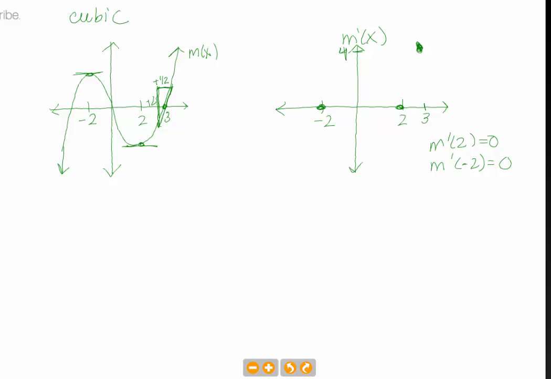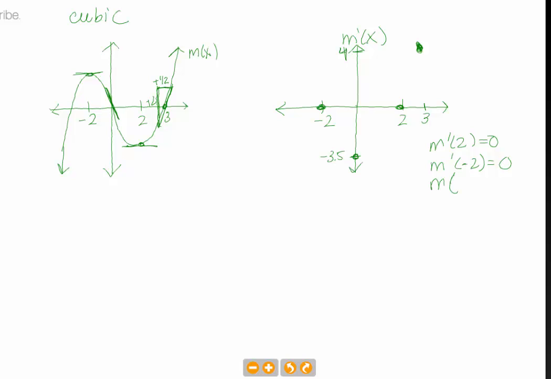Now I'm going to come back over here and look at the same idea. It looks pretty similar, maybe a little bit less steep than 4. So at 0, maybe I'll call my slope -3.5.